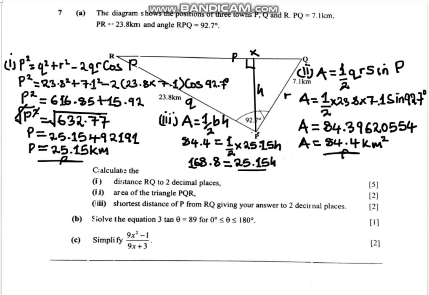25.15H. Dividing both sides by 25.15, this gives, on the right side, 25.15 into 25.15 gives 1, and 1 times H gives H equal to 25.15 into 168.8 gives 6.698412, and this can be rounded off to 2 decimal places as 6.70 kilometers.